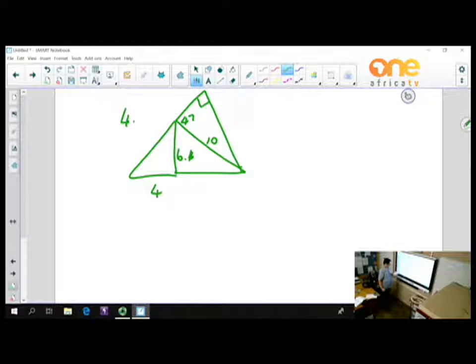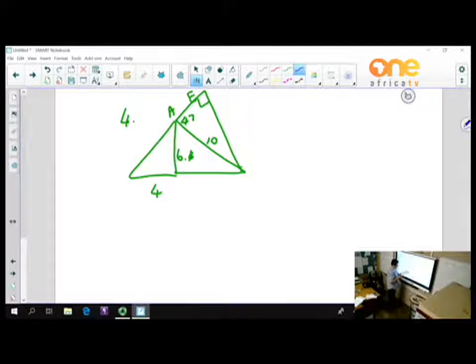Okay, the first one that we have to calculate now is AE. So we are working now here in this triangle. You can see there's 3 right angle triangles. This is where we start. First we have to find the side AE.